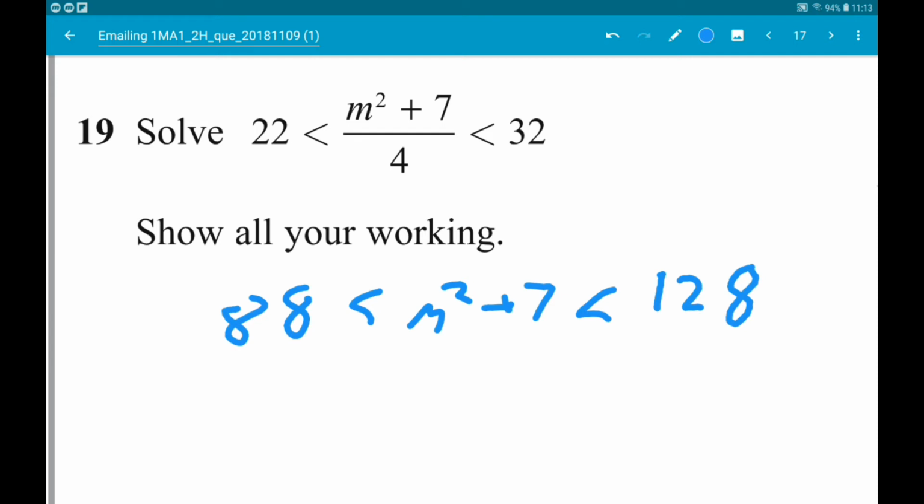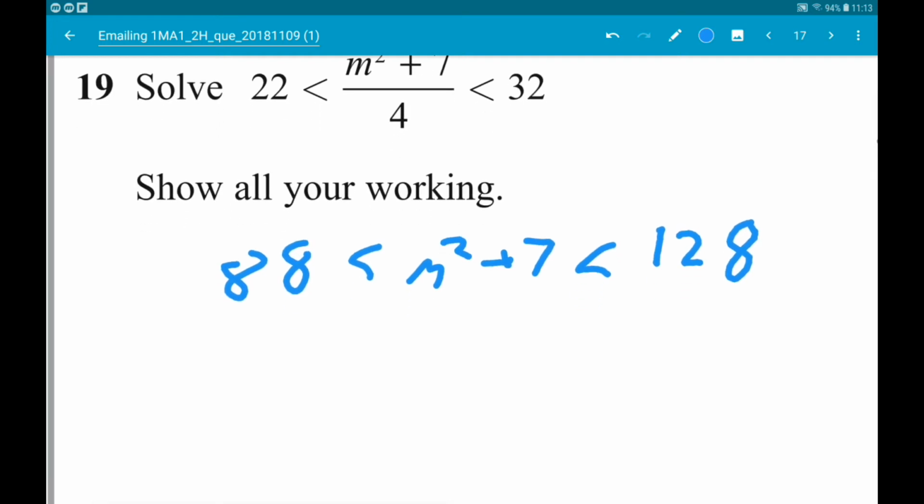Okay, next we're going to subtract the 7. So that's going to give us 81 is less than m squared, which is less than 121.